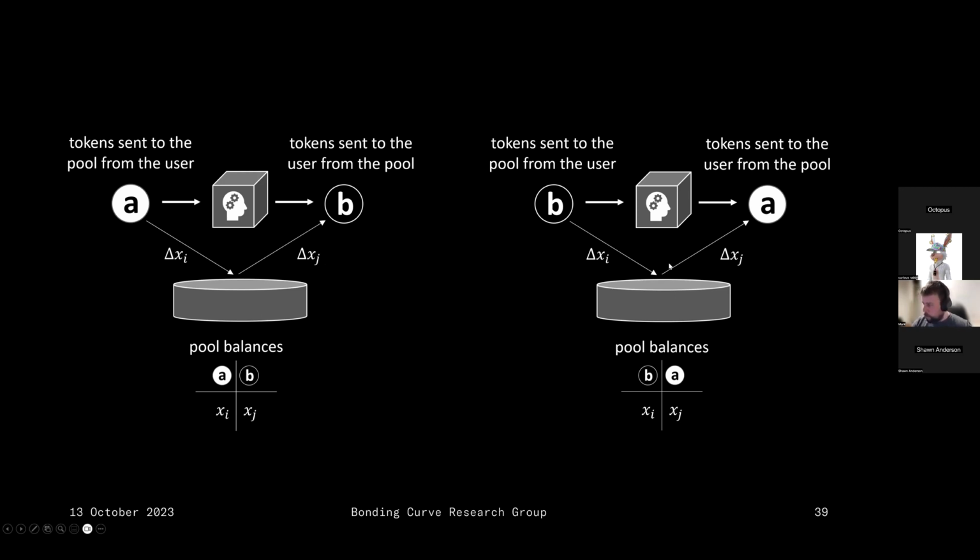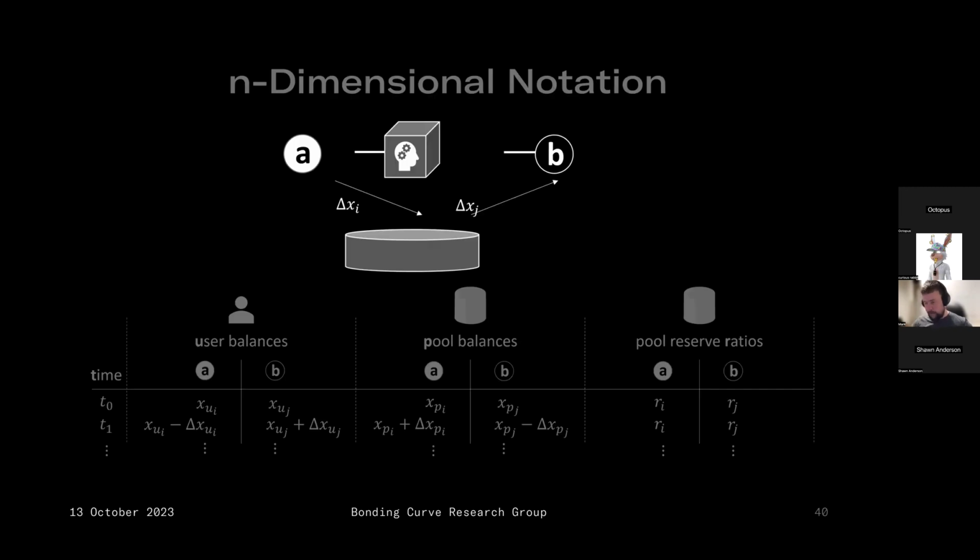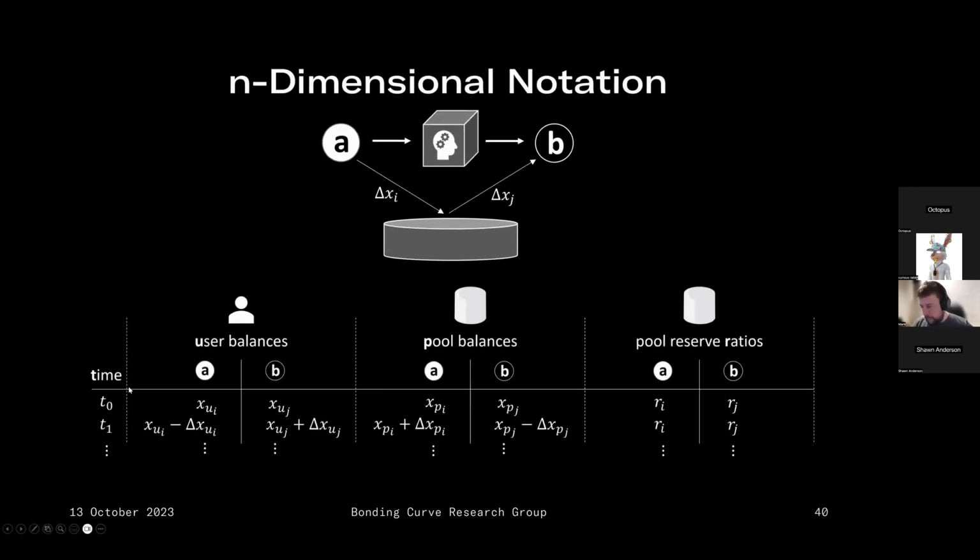I'm always going to be using j in a generic sense to refer to the token that is being extracted from the liquidity pool by the trader, and the subscript i to denote the token that is being added into the liquidity pool by the trader. Everything here is one-to-one substituted from the x y nomenclature that we saw in the last lecture.